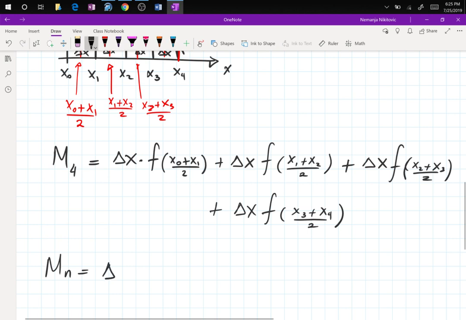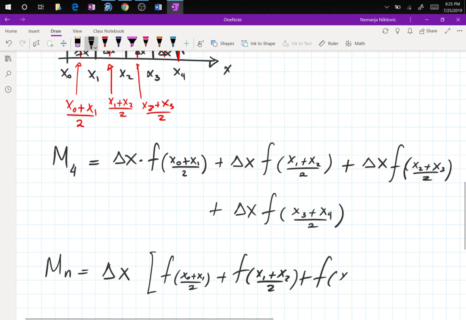But for Mn, we can kick out delta x, and then over here we'll just have f of (x0 + x1)/2 plus f of (x1 + x2)/2 plus f of (x2 + x3)/2 plus dot dot dot, because we go as high as we need to, because n will tell us how many of these terms we get to have.